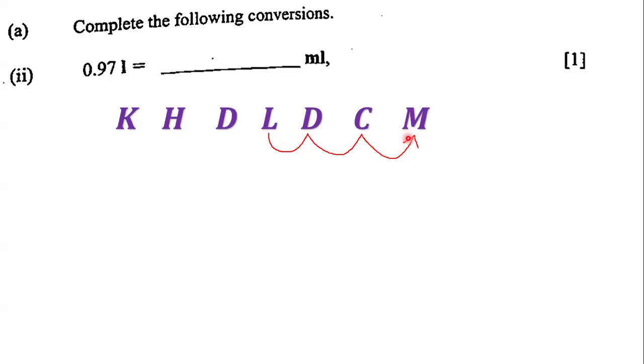So we have 0.97, and we're going to move that over 3 times to which direction? Three times to the right.